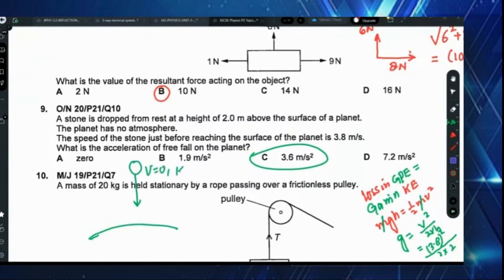It means it has no kinetic energy, but it has the highest GPE at that point. When it reaches the ground, it has the highest speed, 3.8 meters per second, but its GPE is 0. So all of the gravitational potential energy is converted to kinetic energy. That's why I use that formula.